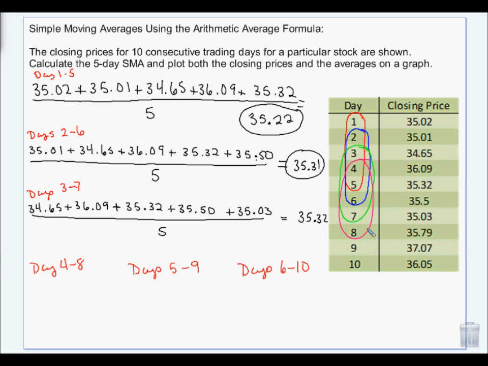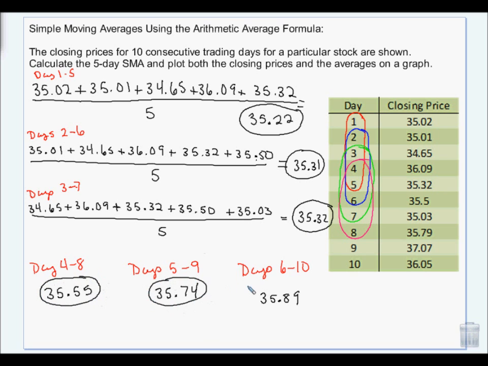So if I do the same process again, days 4 through 8 is 35.55. Days 5 through 9 is 35.74. And then days 6 through 10 is 35.89. So these are the points that I would graph.